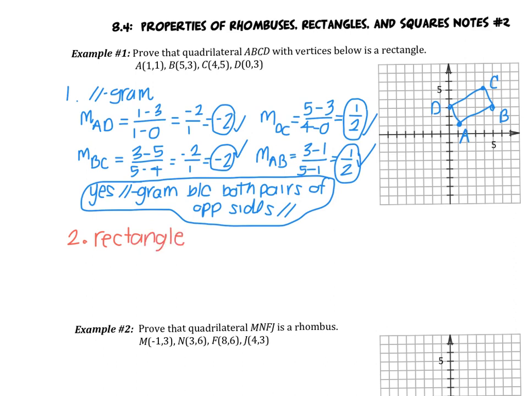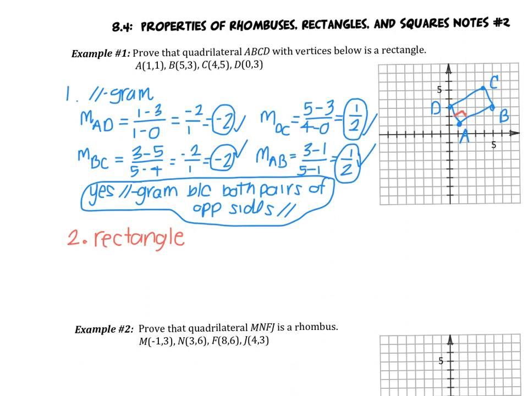Looking at your family tree again, for rectangle, there's 2 new ways to prove it's a rectangle. All 4 angles need to be right angles, or your diagonals are congruent. It doesn't matter which way you choose. I'm going to choose to show that there are 4 right angles. Why am I choosing that? Well, I just need to prove that these are 90 degrees.